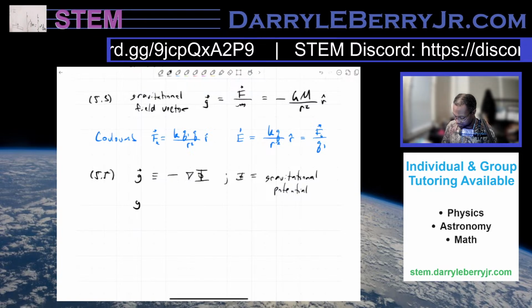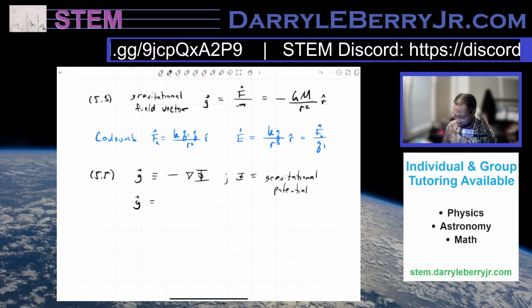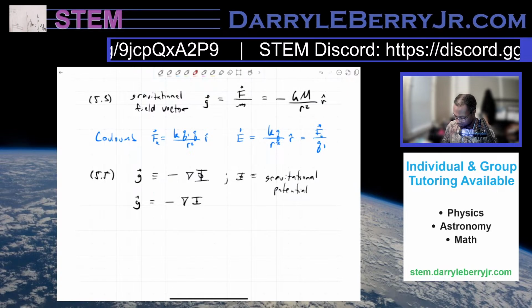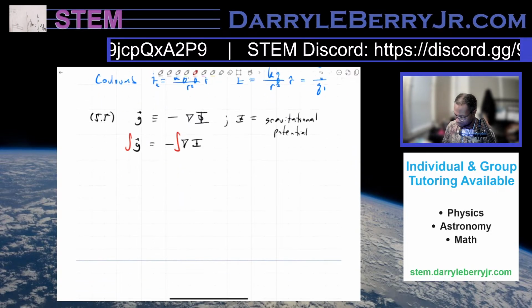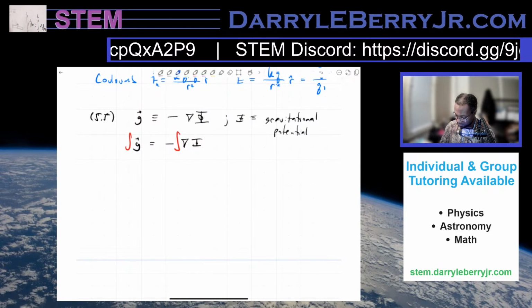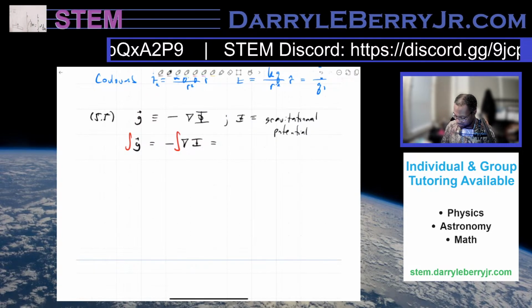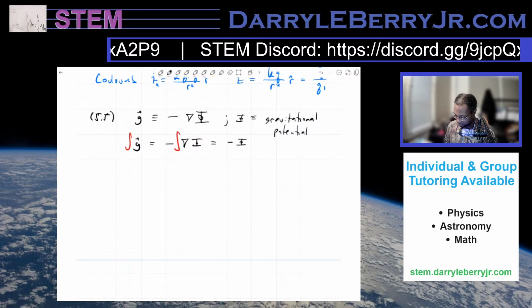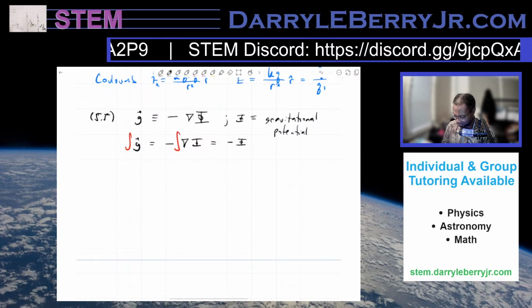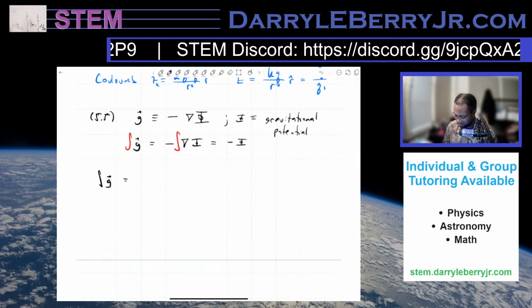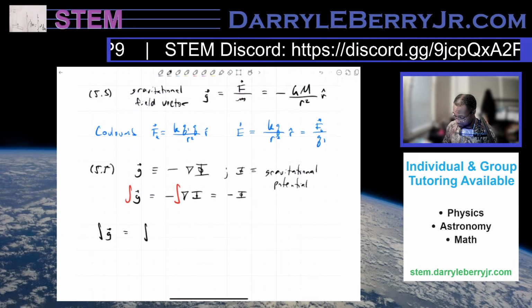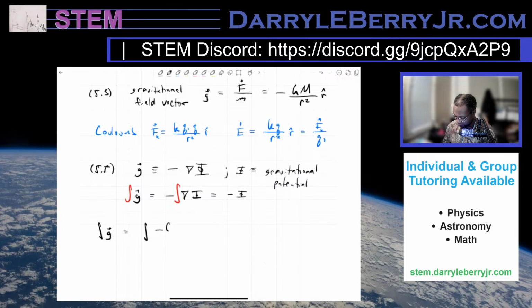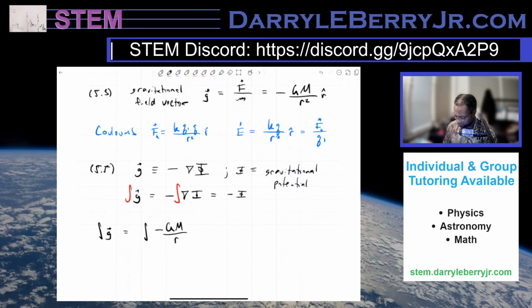So the integral of g equals the integral of G M over r squared.